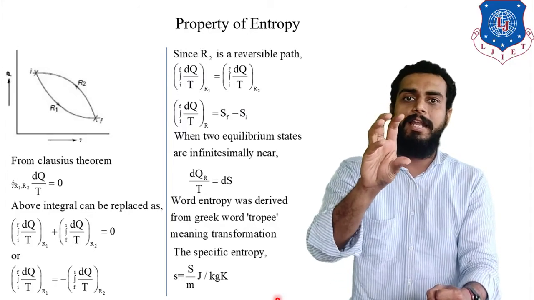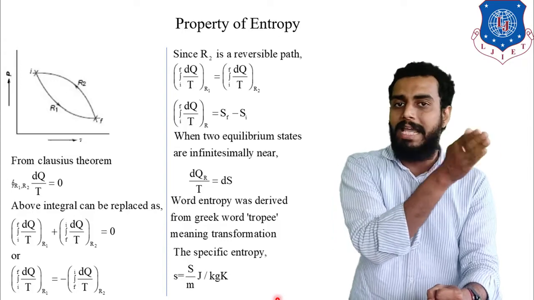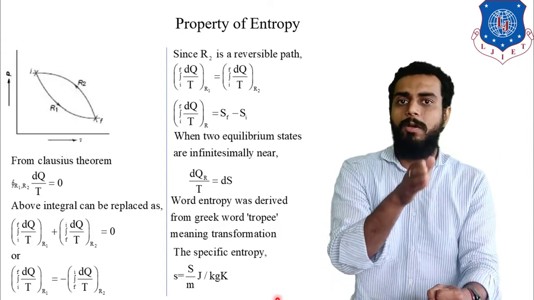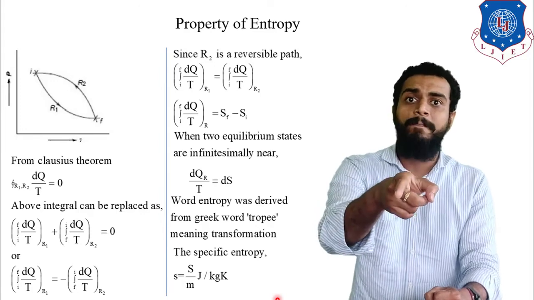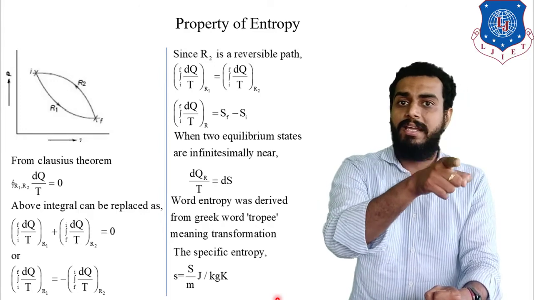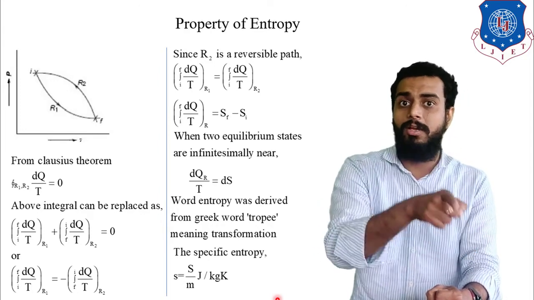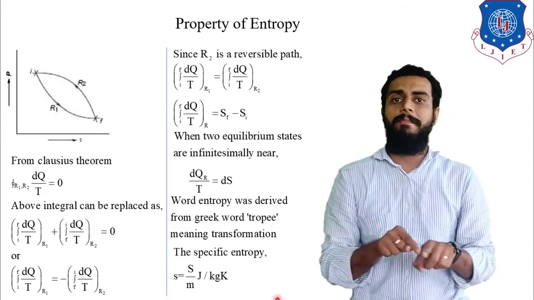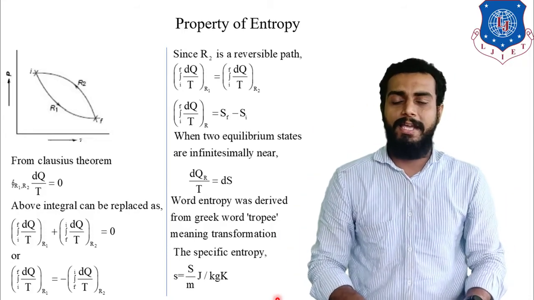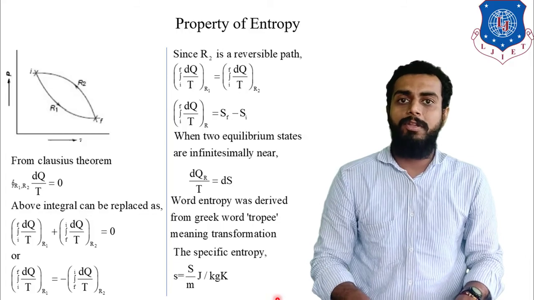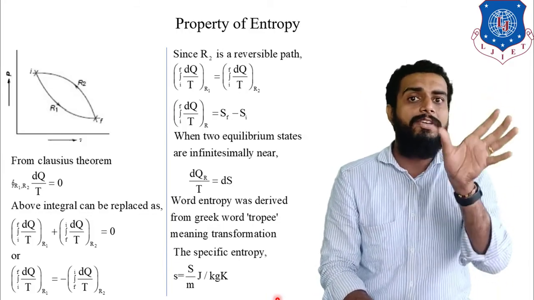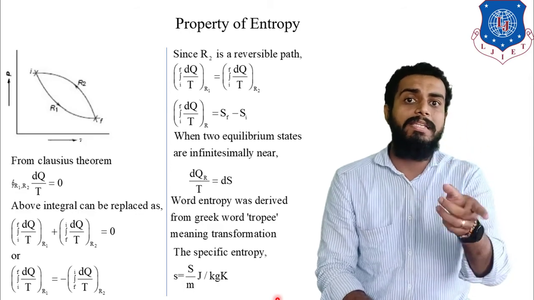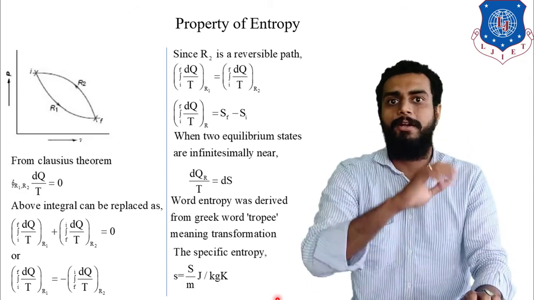The unit of capital S is joule per Kelvin, divided by mass, so joule per kg Kelvin. This same entropy you have used in the vapor compression refrigeration cycle also. If you recall the table of the Mollier diagram, in that table we have the value of enthalpy and also entropy, and for entropy we have the unit kilojoule per kg Kelvin. That is nothing but specific entropy.